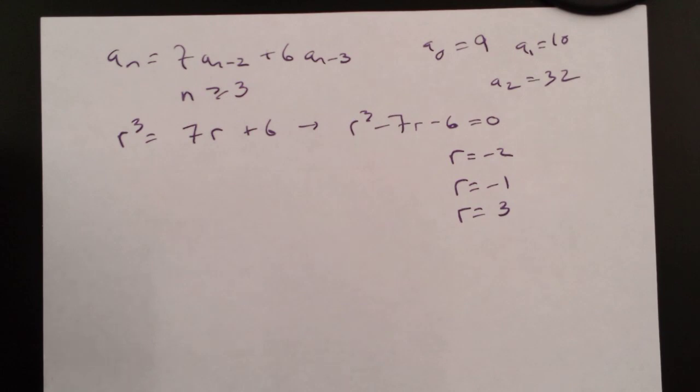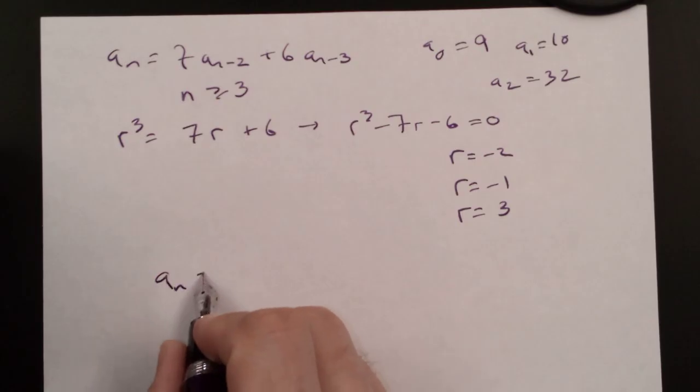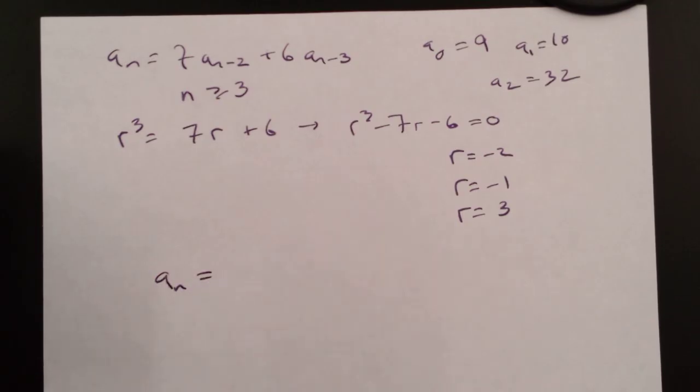What's my a_n expression? I want to parallel what I did with the quadratic case.